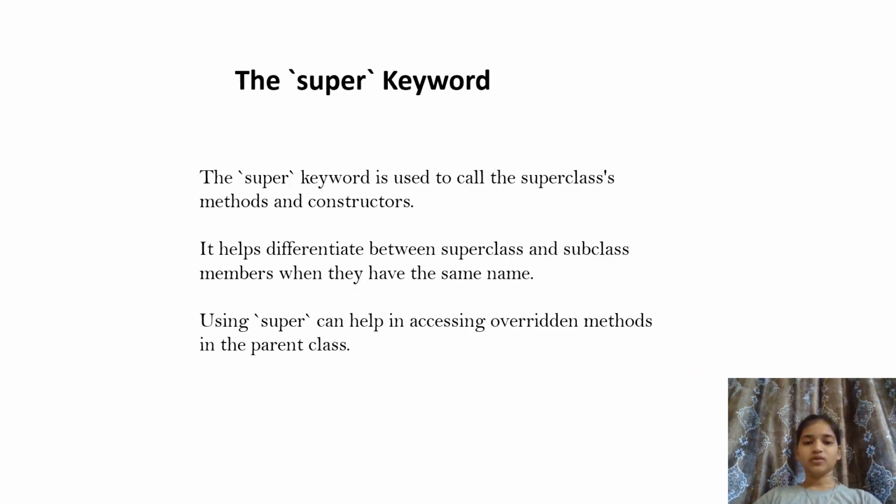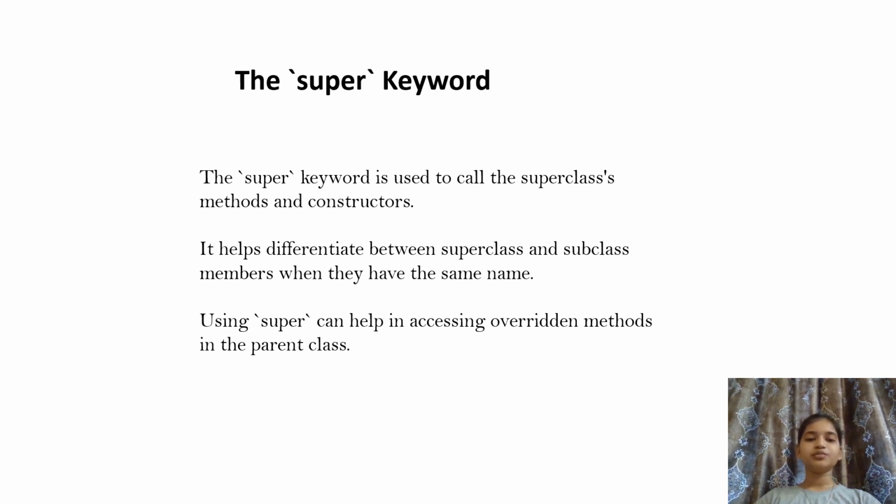The super keyword. Here, the super keyword is used to call the superclass's methods and constructors. It helps differentiate between superclass and subclass members when they have the same name. Using super can help in accessing overridden methods in the parent class.